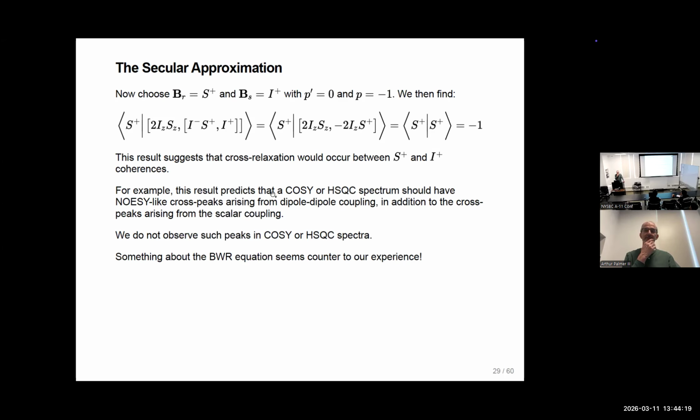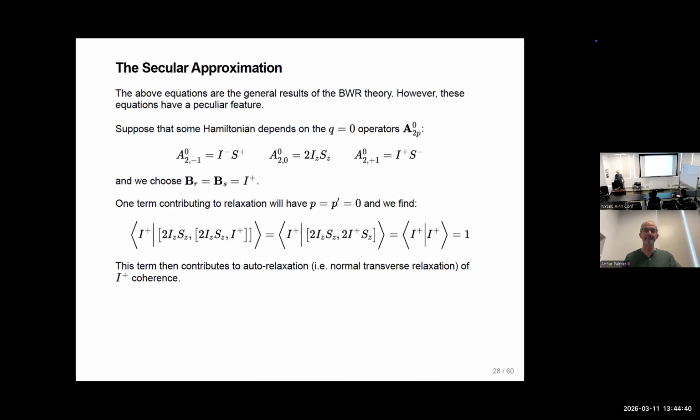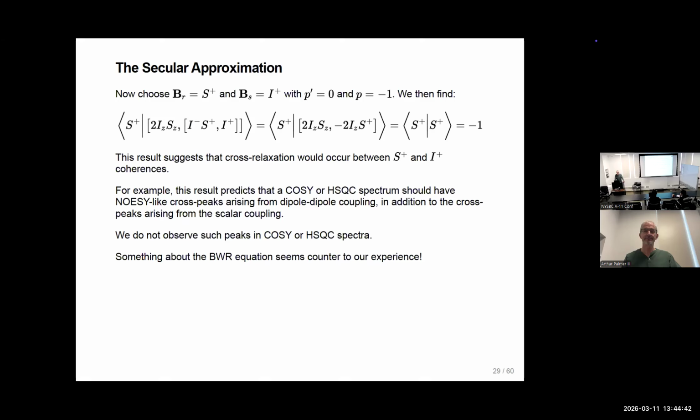What about if I put in for one of these operators 2IZSZ, and for the other operator, one of the other Q equals 0 terms. So I've done that here.